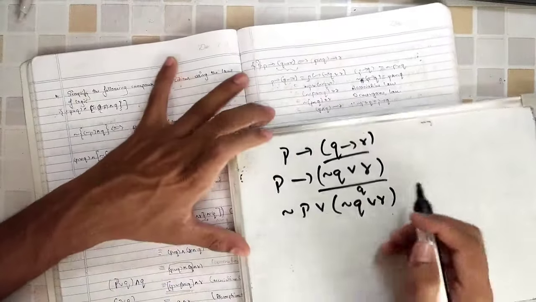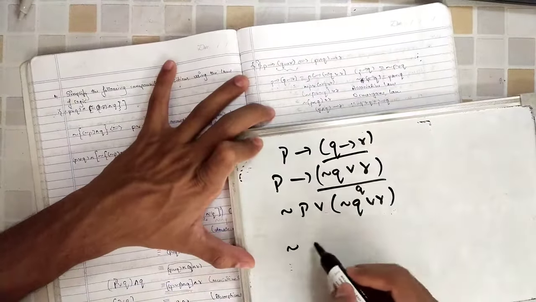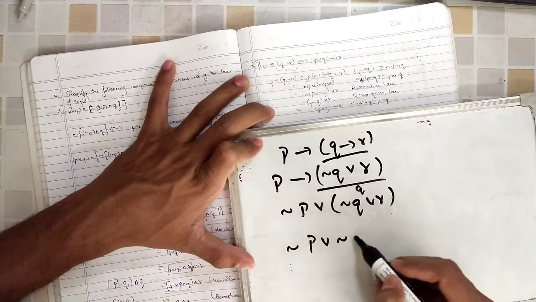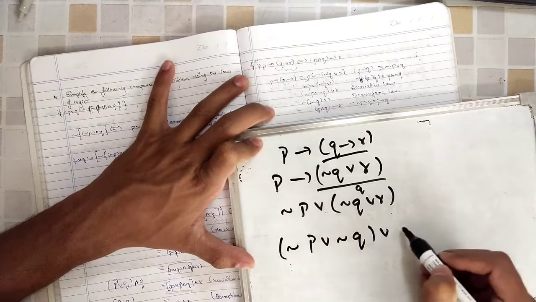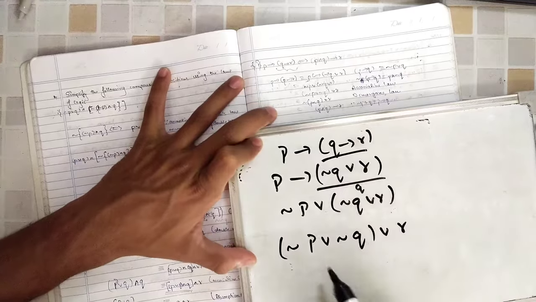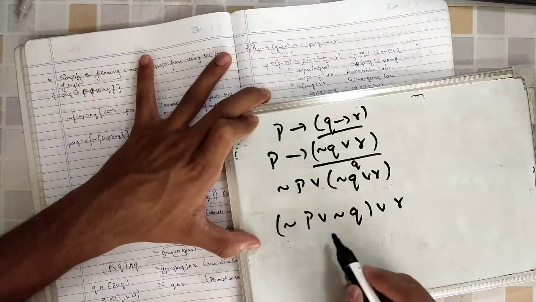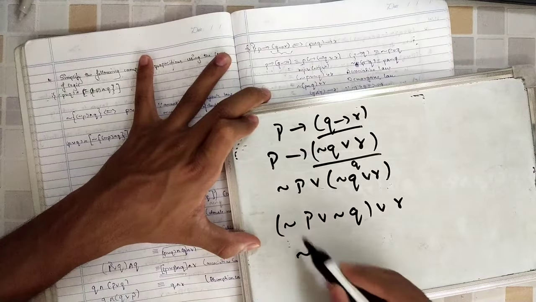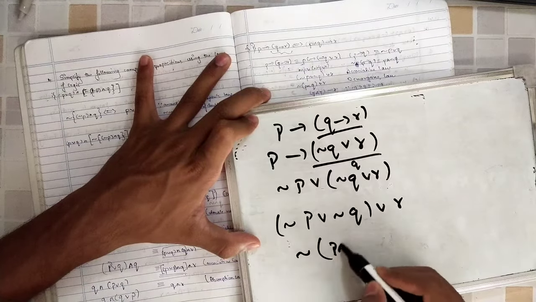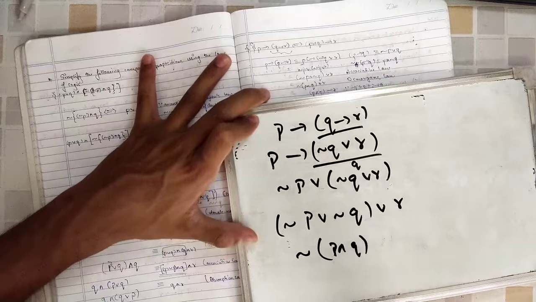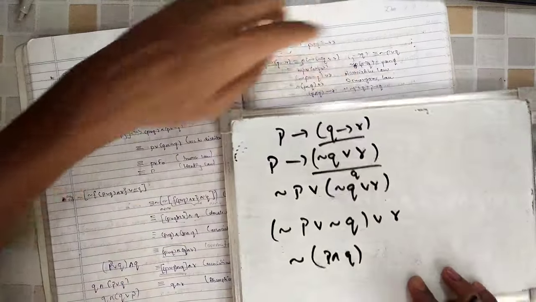So now I will take from associative law, I will pair it like this, negation P or negation Q, or R. So this thing can be written from De Morgan's law, negation P or negation Q, as negation of P and Q. You have to understand here, I have written here De Morgan's law.